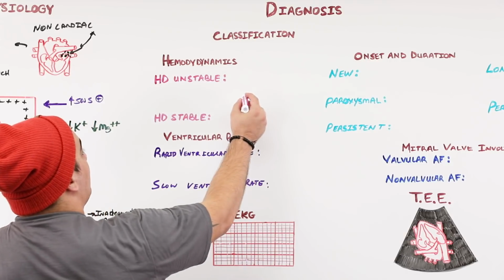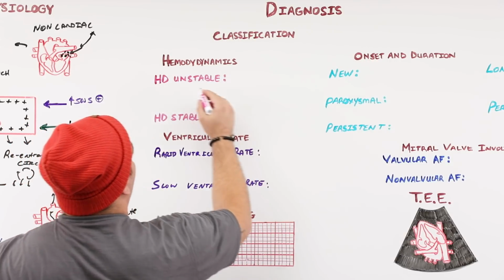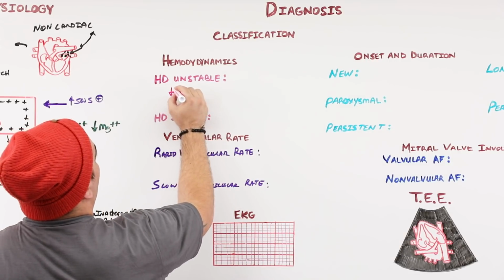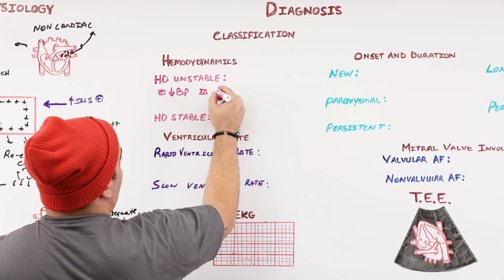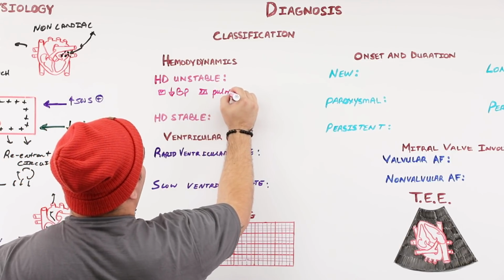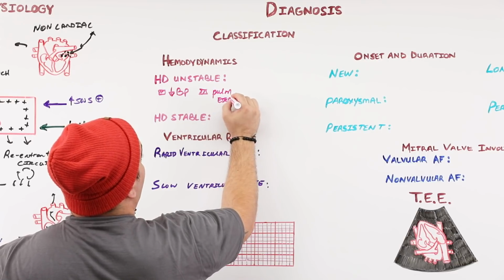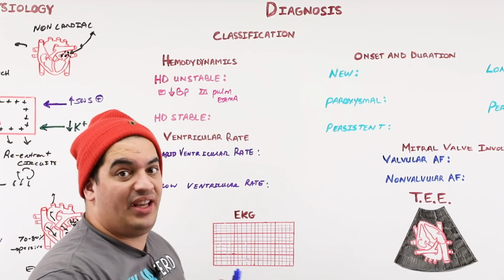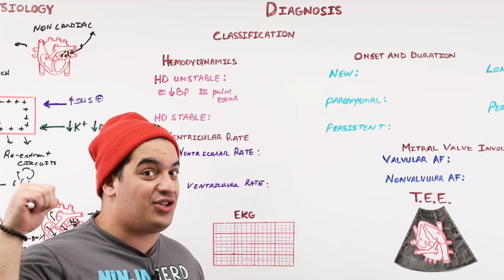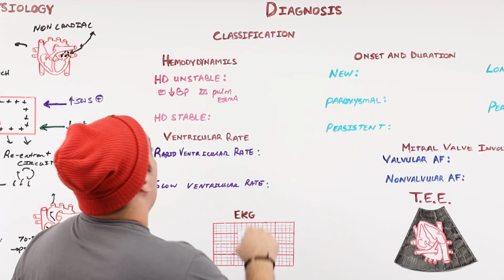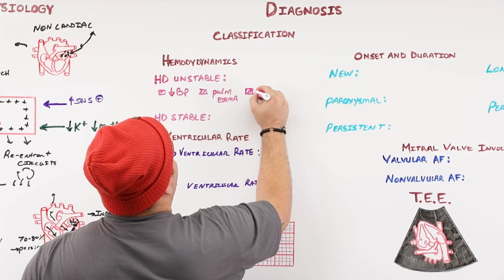So hemodynamically unstable refers to particular things such as maybe them having low blood pressure, so being hypotensive, maybe them having something like pulmonary edema, which can happen especially if they go into that cardiogenic shock state where their EF is not adequate enough and blood starts backing up to the pulmonary circulation. Or they have an altered mental status.